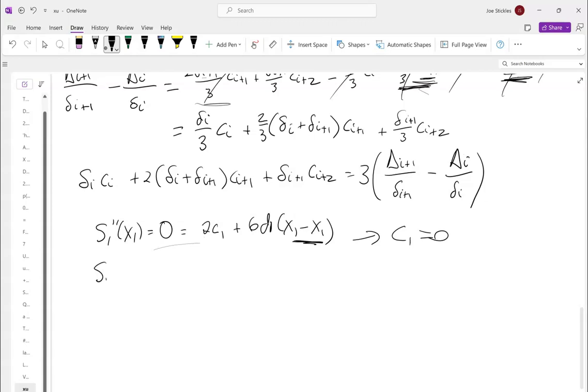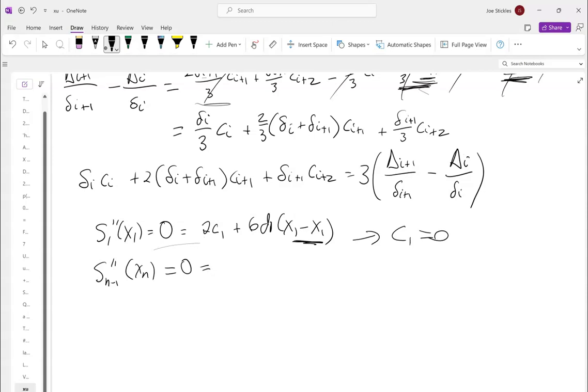The last one says that when I do the n minus first polynomial, take its second derivative, and plug in the right endpoint, I also have to get 0. That's what the last one says. So this would give me one more equation.